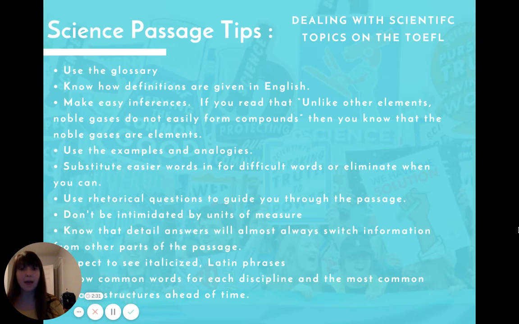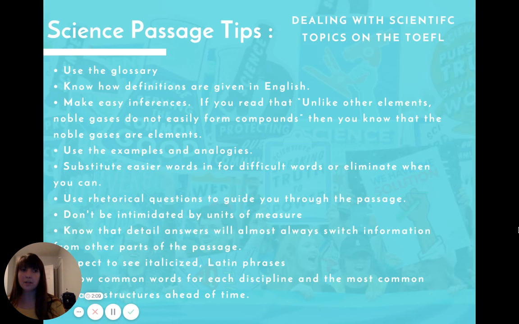The last piece of advice, and I think one of the most helpful, is to anticipate what is coming in the reading passage. That means that for each of the disciplines within science, you really want to make sure that you're familiar with some of the most common terms that are likely to come up, and definitely the most common structures in terms of the reading passages.